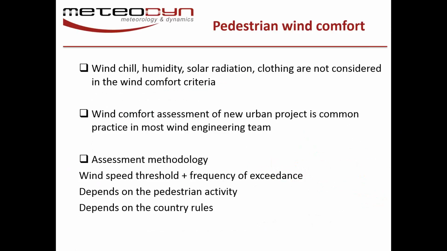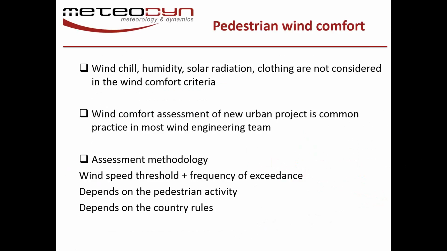The wind chill. Here we deal only with the mechanical aspect of the wind. So the wind chill, the humidity, the solar radiation, and the clothing are not considered in the wind comfort criteria. Nowadays, wind comfort assessment of a new urban project is common practice in most wind engineering teams. That means in lots of projects now, the urban planner needs to know what happens close to buildings in order to improve the comfort.